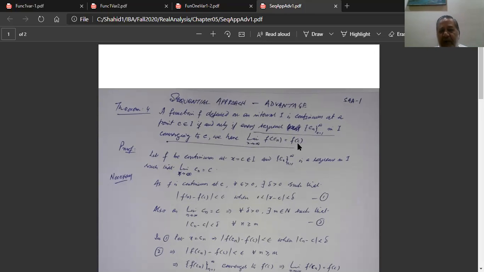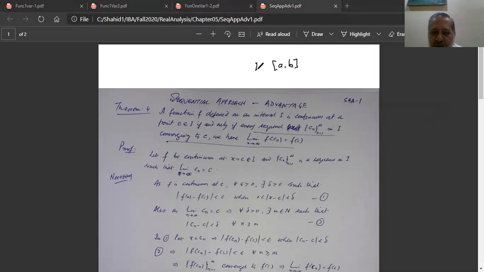Now, what's the message of the theorem? The message of the theorem is that कि मैंने एक फंक्शन कंसीडर किया जो कि किसी इंटरवल पे डिफाइन. ऑफ कोर्स इंटरवल जब हम बात कर रहे हैं तो I लिख रहे हैं, लेकिन we are more used to I in the form of (a, b).